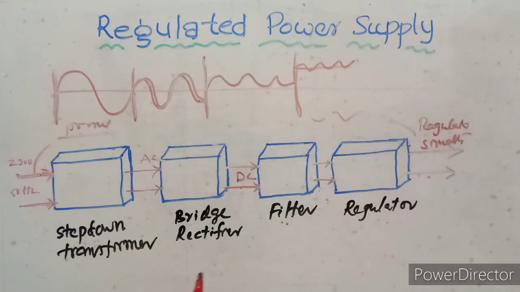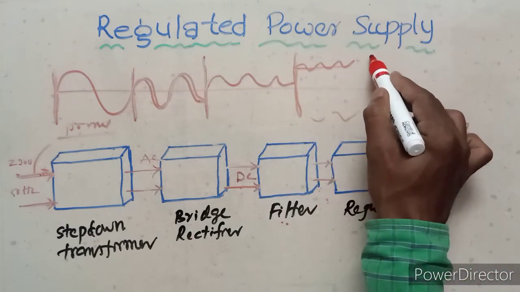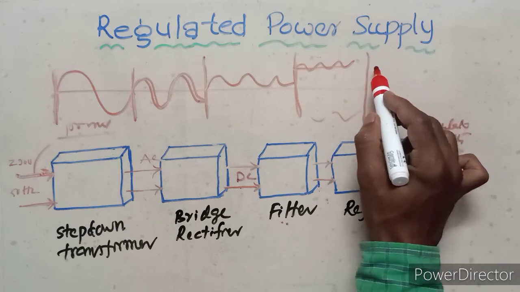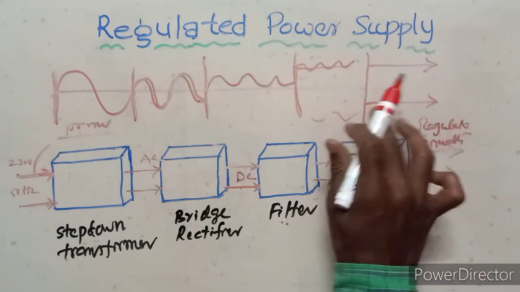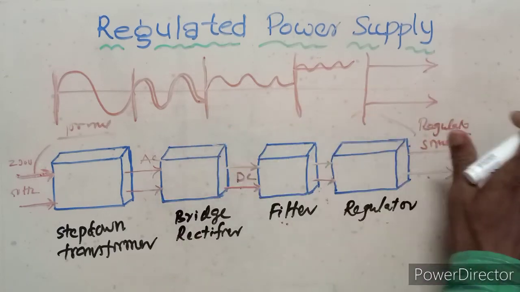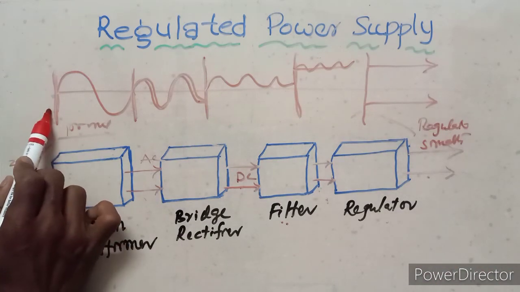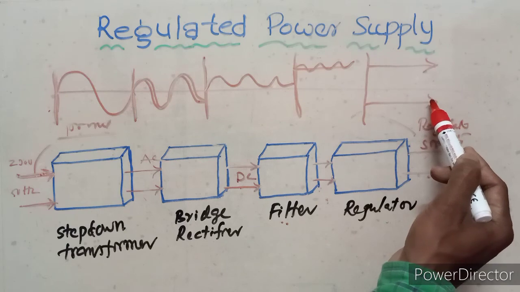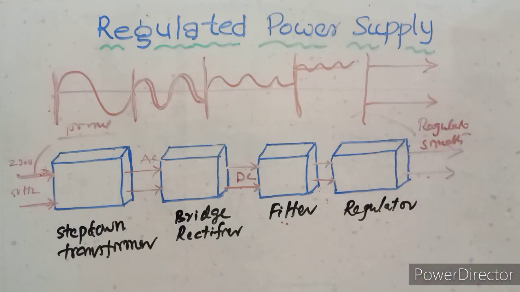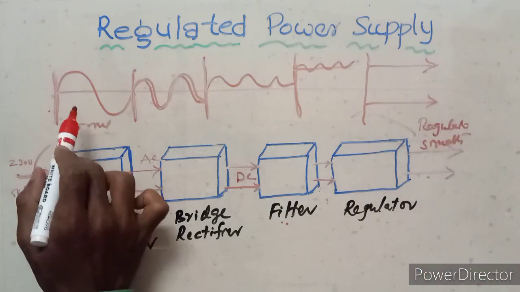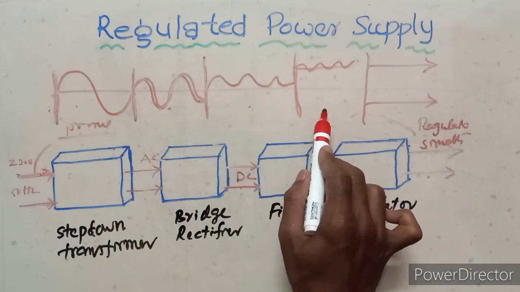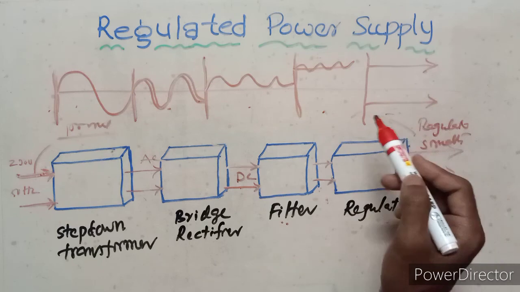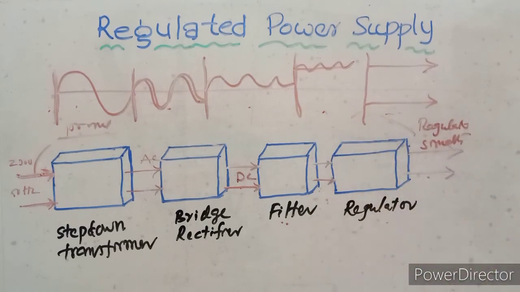This is the small ripple. Finally, that DC current is very smooth, regulated. So this AC current is converted into regulated DC current. So four steps: primary, secondary, pulsating, pure and steady. Okay, this is the regulated power supply.